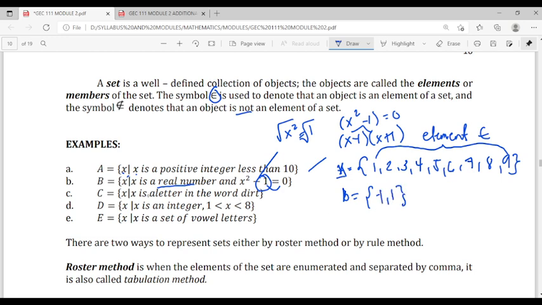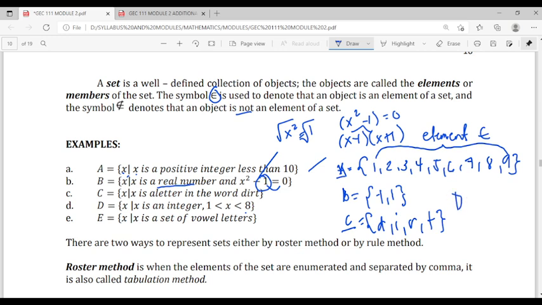We also have x is a letter in the word dirt. So, our set C has D, I, R, and T. These are the elements of set C. For D, x such that x is an integer, wherein x is greater than 1 but less than 8.